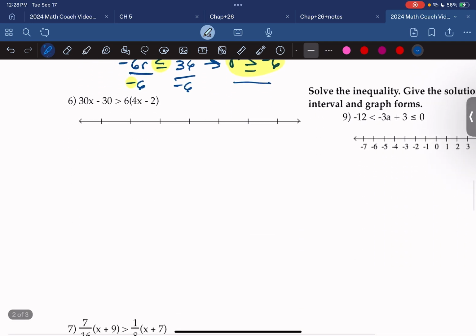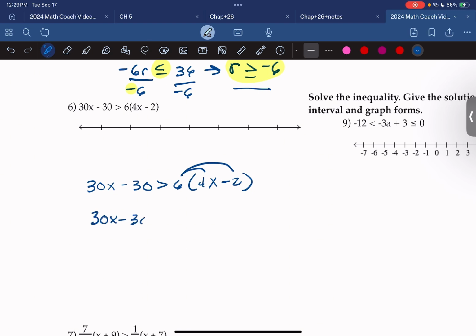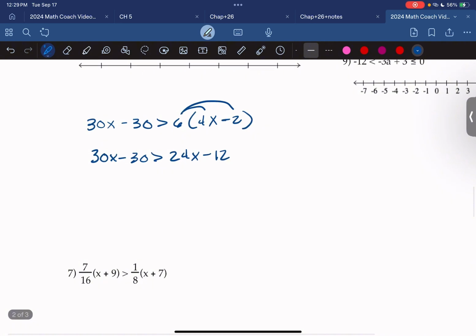Now let's go on to number 6. Let's rewrite it so we can solve it once again. Now we distribute into the parentheses. 6 times 4, 24x, minus 12, because a positive and a negative gives us a negative. Now we would solve like any other equation.